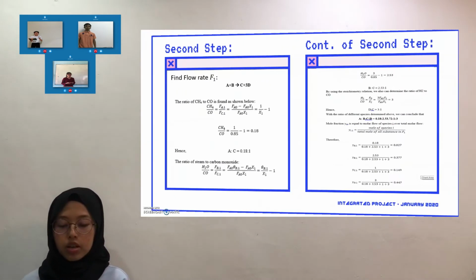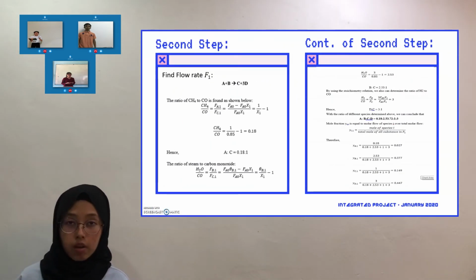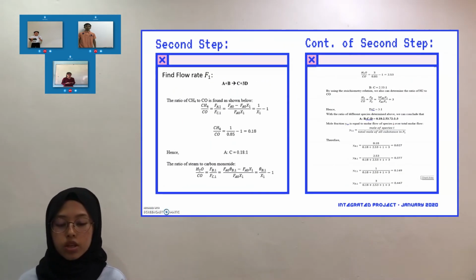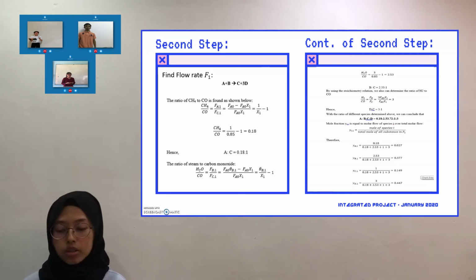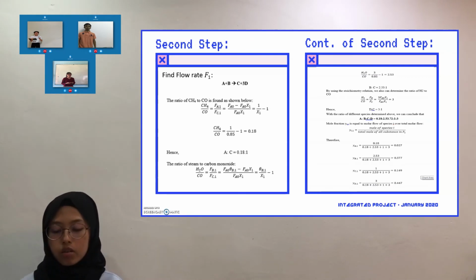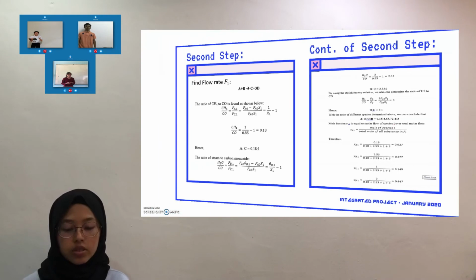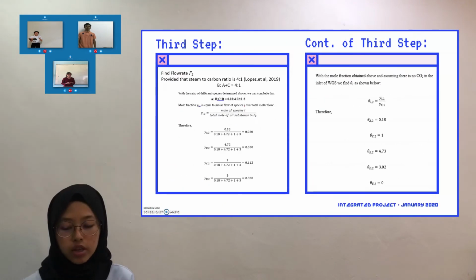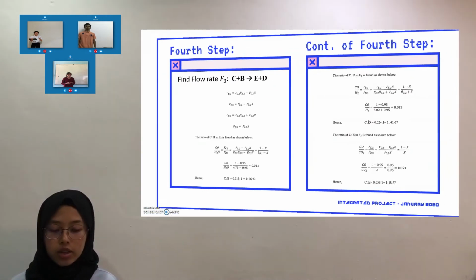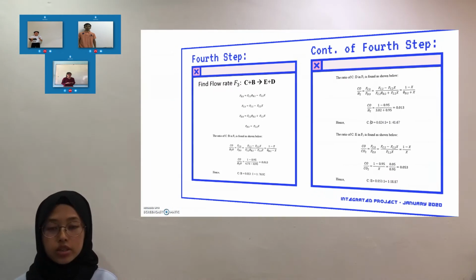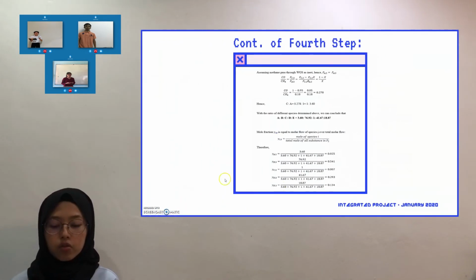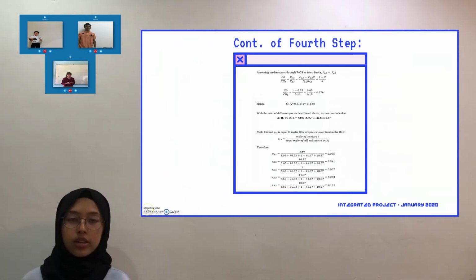For example, to find mole fraction for stream F1, we determine the ratio of CH4 to CO by the stoichiometric relation from SMR. For the other flow rates, we use the same method and the results are shown in the slide. After calculating the mole fraction of each stream, the inlet F0 for SMR can also be calculated.